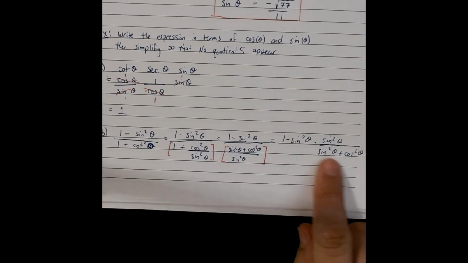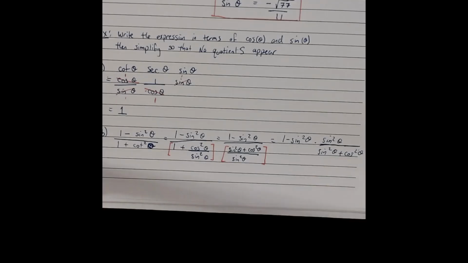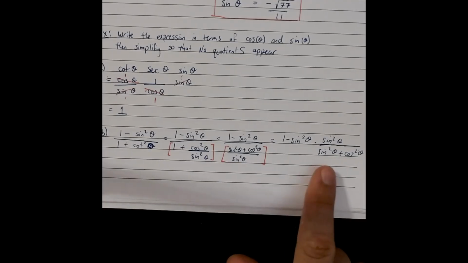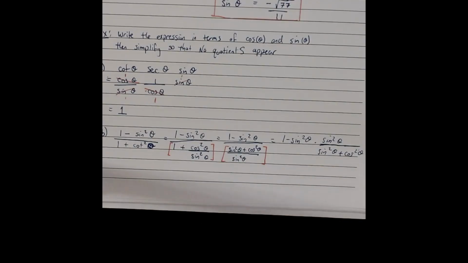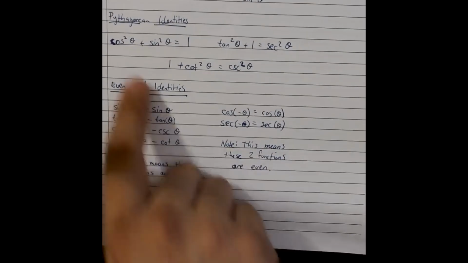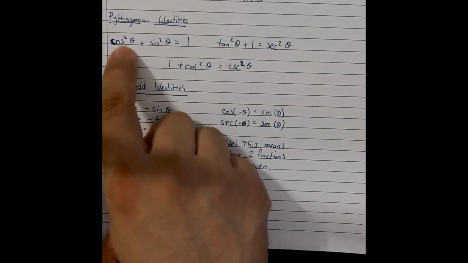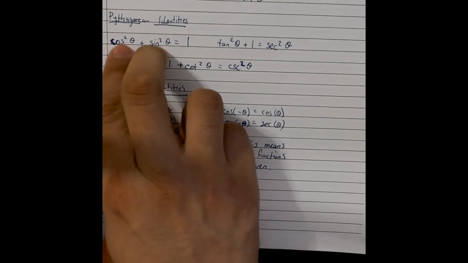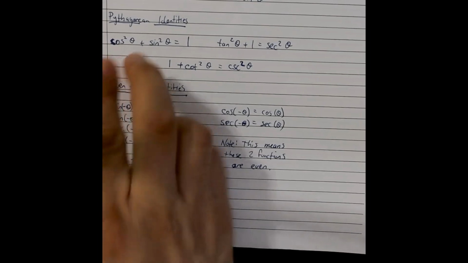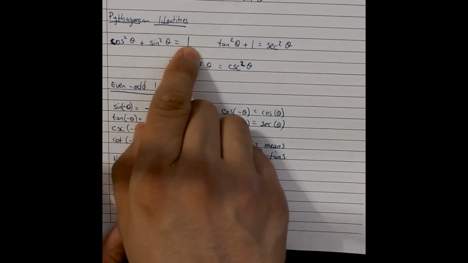Notice, though, that right here I have the sum of the squares of sine and cosine. Anytime you have sums or differences of squares of trig functions, it should call to mind the Pythagorean identities. Sine squared of theta plus cosine squared of theta, and again that's addition, so you can do it in whatever order you like, is equal to 1.